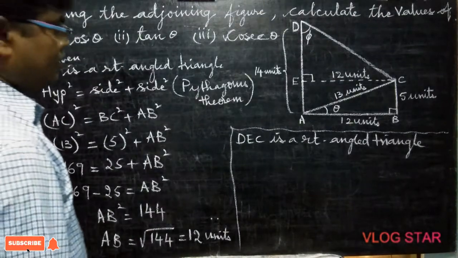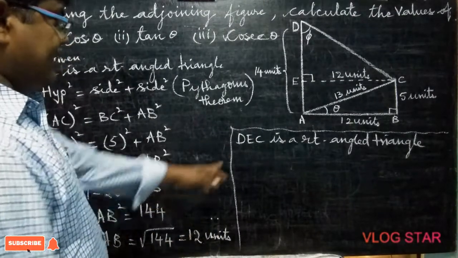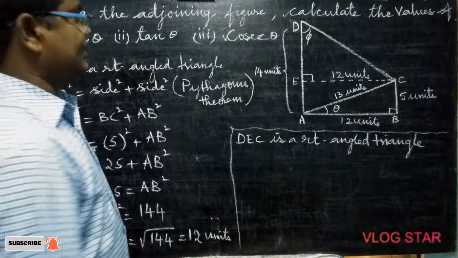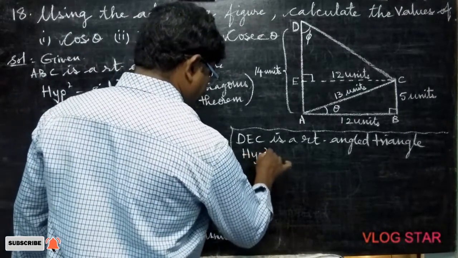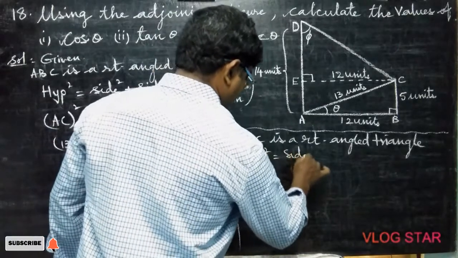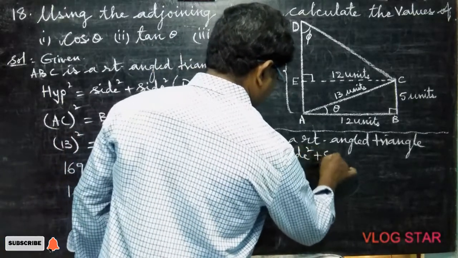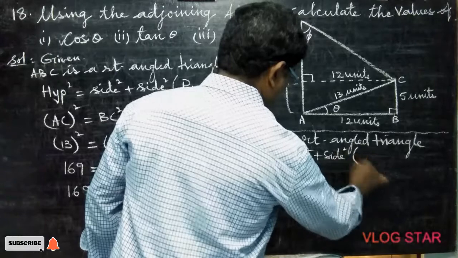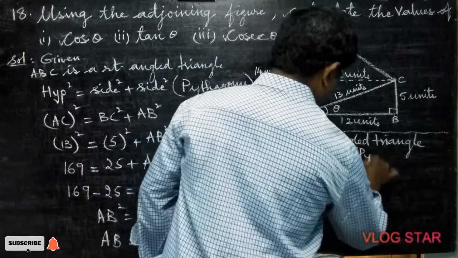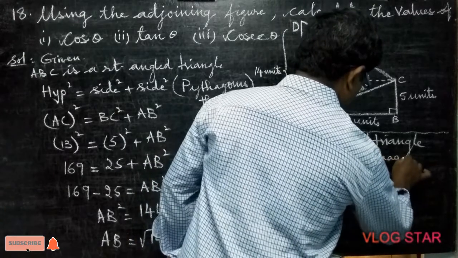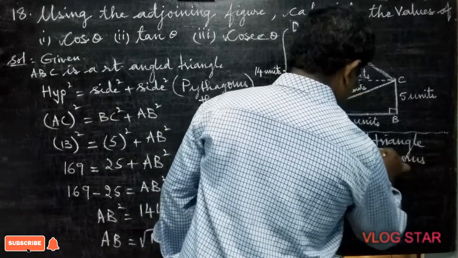Now next one. So DEC is a right angle triangle. In this, hypotenuse square is equal to side square plus side square, in bracket, Pythagoras theorem.